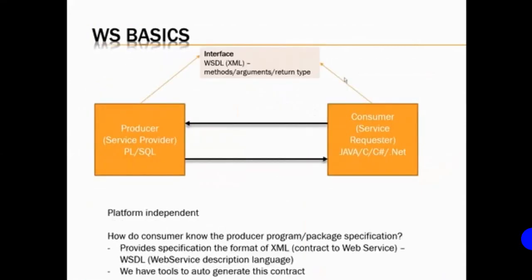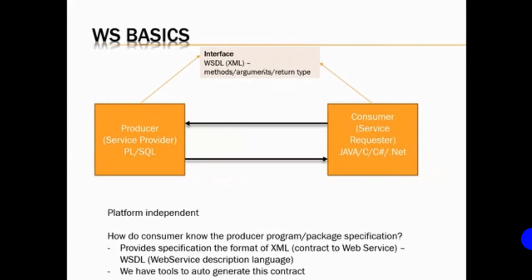When the consumer understands what the input and output parameters are, then the consumer can confidently send the parameters and call the method available in this producer with the proper parameters. The consumer also knows what data it is going to receive when that method is called, and based on that the consumer catches that information back and generates the data accordingly.